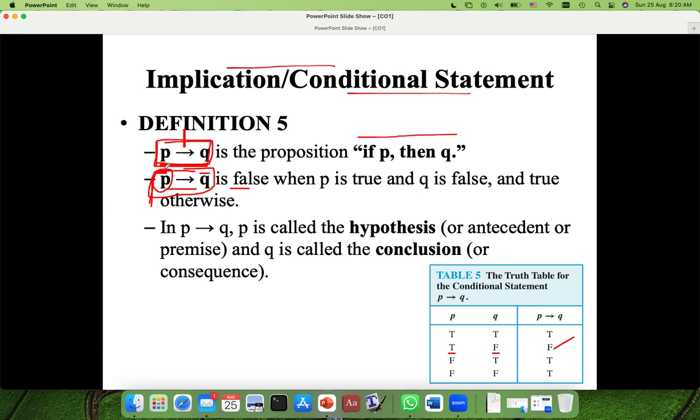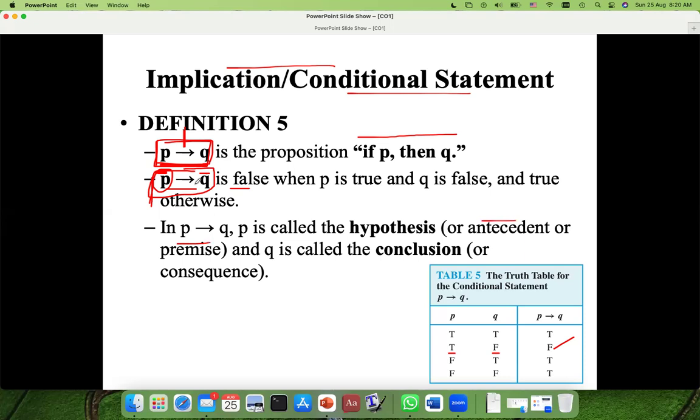Normally, when students do their thesis in the master's or in the PhD, first they build a hypothesis. This is the claim, and then you will prove that claim later on in your thesis. So that claim is a kind of hypothesis. The other name for hypothesis is antecedent or premise.